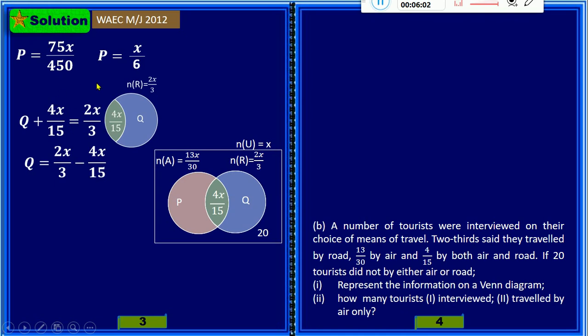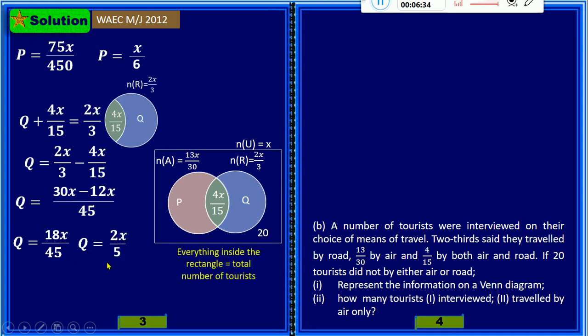Multiplying this way gives 30x, then minus 12x, and across this way gives 45. Simplifying, 30x minus 12x will give us 18x over 45. Dividing out by 9, we get 2x over 5. So therefore Q is equal to 2x over 5.